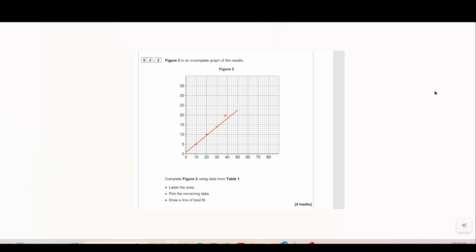Suppose your points are going like this. So ignore this point and join these points. This is called the line of best fit. You have to connect points and make it a straight line. If one point is going here and there, ignore it and just draw a line joining these. Okay, this is called the line of best fit.